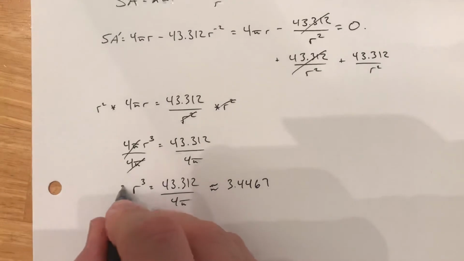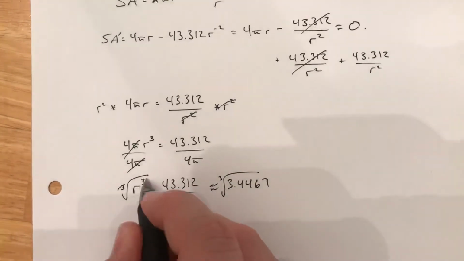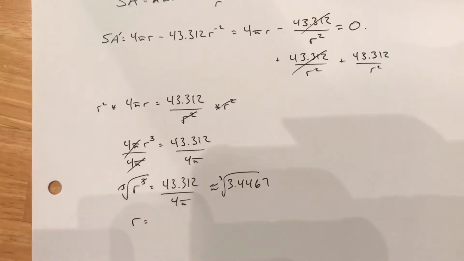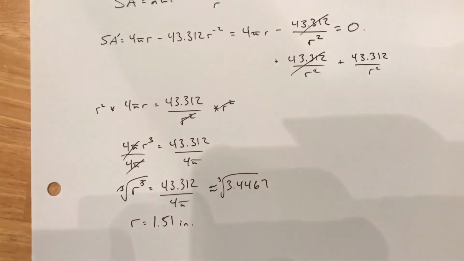We'll take the cube root of both sides, and that gives us an r of, let me find the cube root of that. And I get an r of about 1.51 inches.